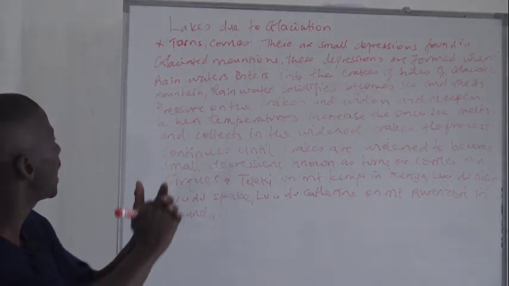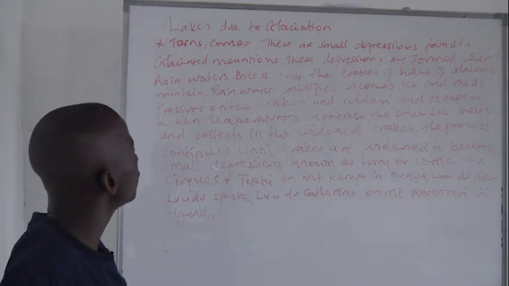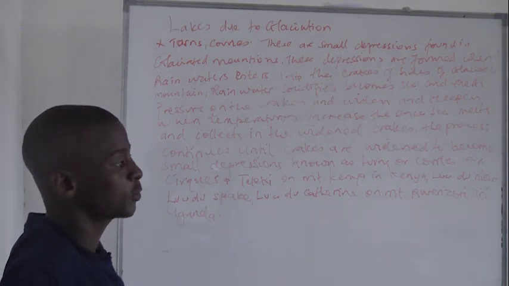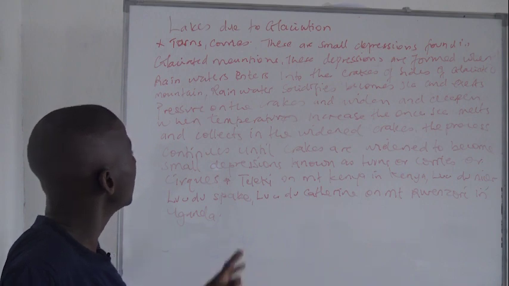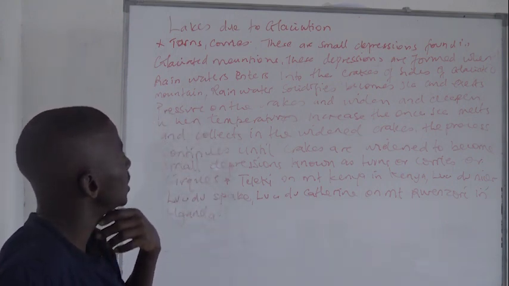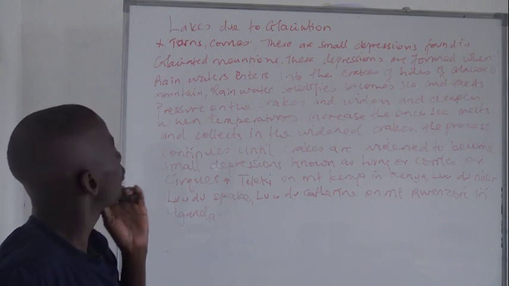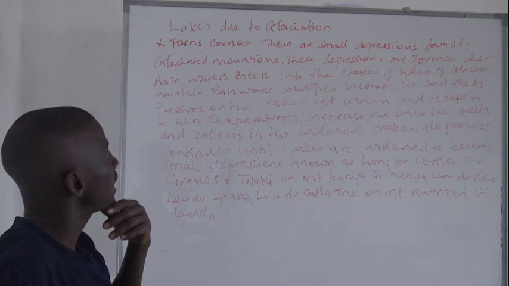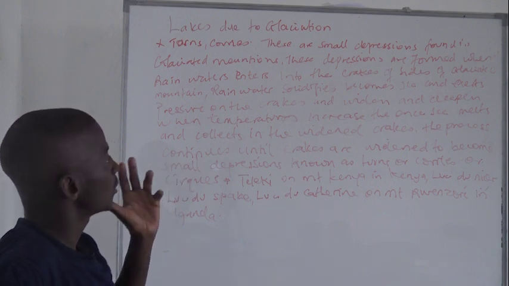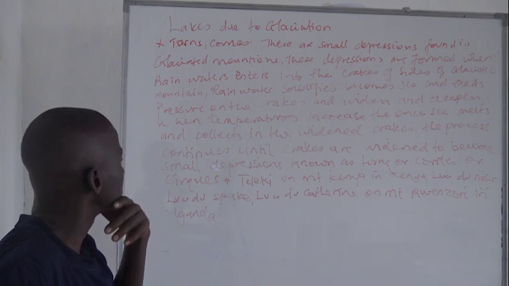So that's how tarns or corries are formed. First and foremost, the corries or tarns are very small depressions, very small lakes that are found on the sides of a glaciated mountain. Now, these depressions are formed when rainwater enters into the cracks that exist on the sides of a glaciated mountain.